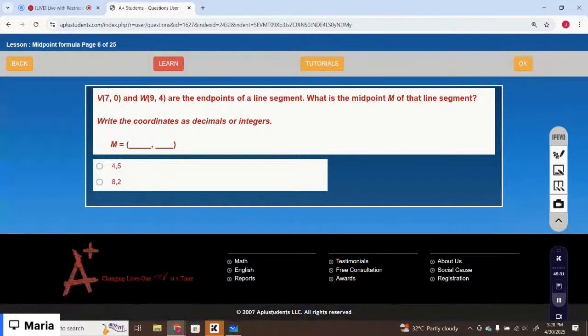So which is the correct option? Option number 2 is the correct option. That is 8 and 2.